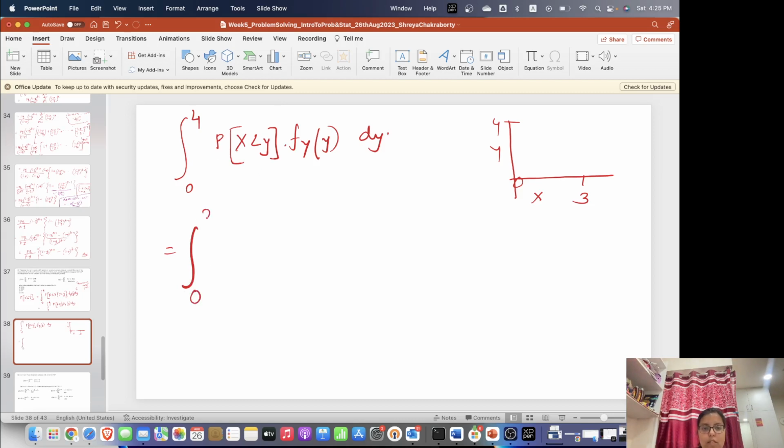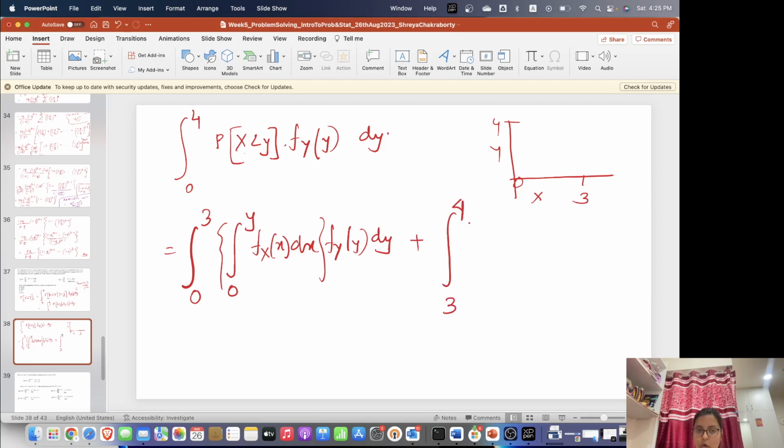When y is between 0 to 3, probability x less than y, so x can range between 0 to y, and we have, plus when y ranges from 3 to 4, probability x less than y is 1.